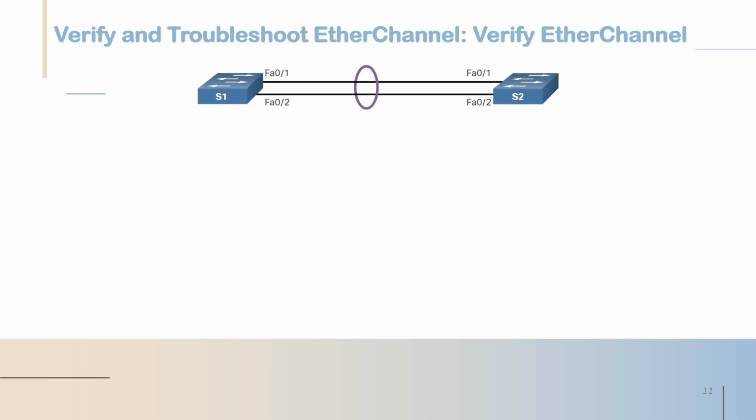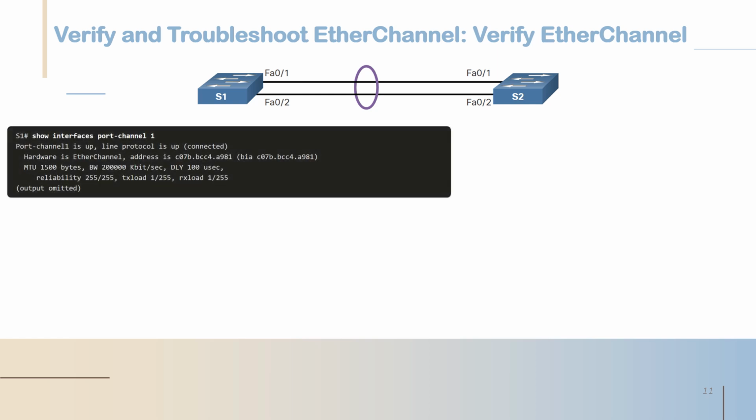So let's go with the verification commands for the example that we have in the figure. We have show interface port-channel followed by the identifier, and with this command we will display the general status of the port channel interface. Here it is for port channel 1, and as we can see, it is up.